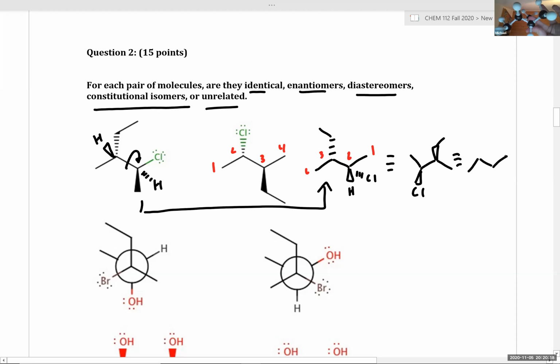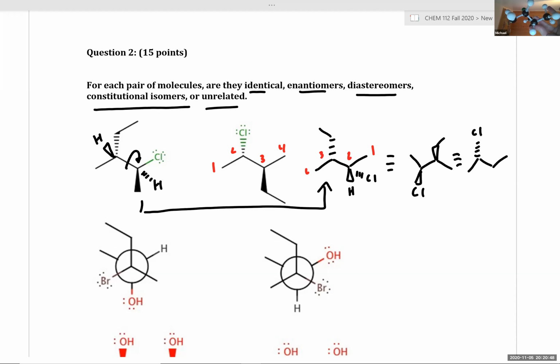So let's analyze this. Where do we see our chlorine? Is our chlorine pointing towards us or away from us? Away, yep, so we give it a dash. What about this ethyl group? Is it pointing towards us or away from us? It's almost hard to see it in the back, right?